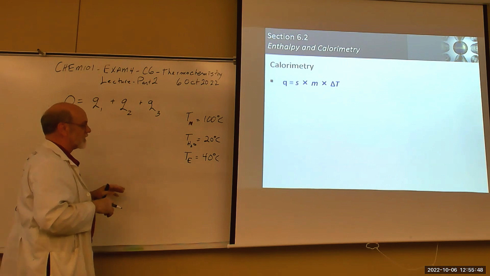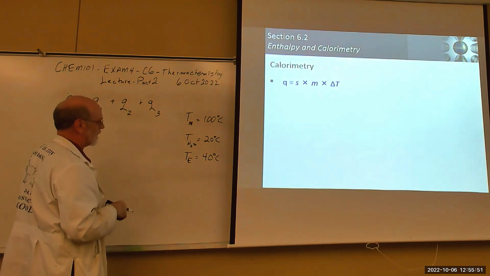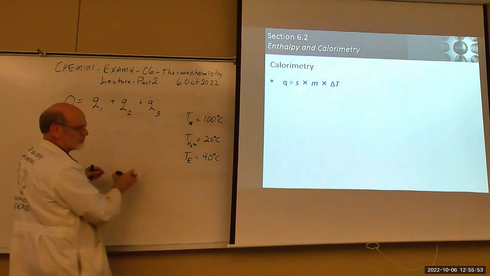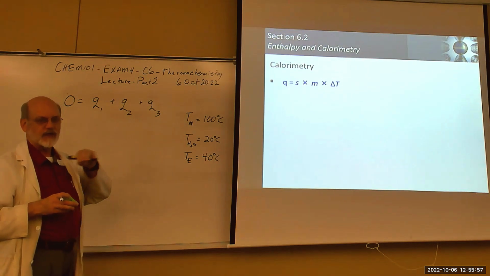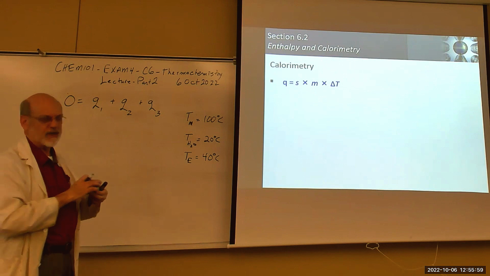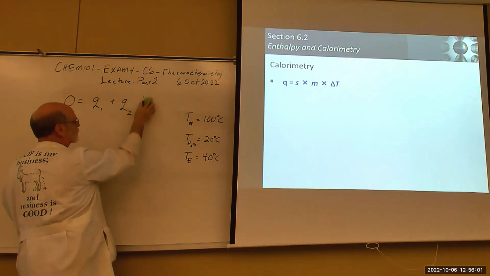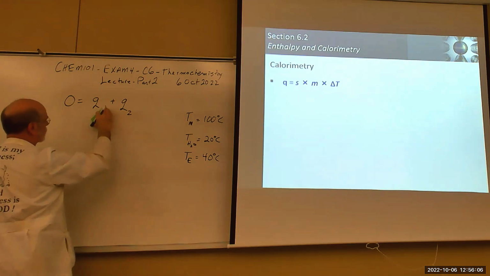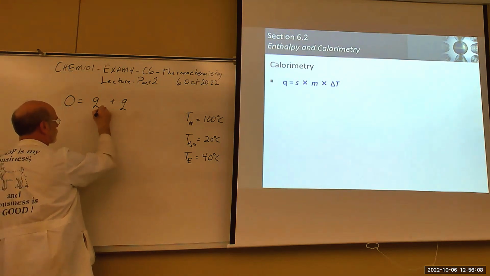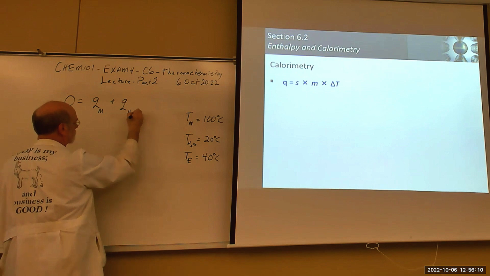What we need now is which formula to use. Well, for now, we're going to assume that the calorimeter has no effect, just for argument's sake. So we really only have two terms here to deal with. One for the metal and one for the water.